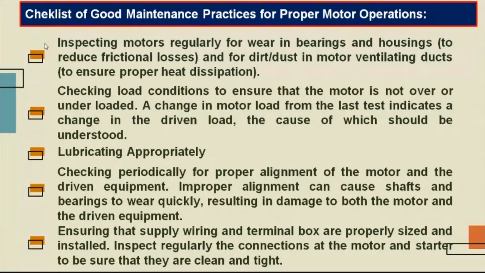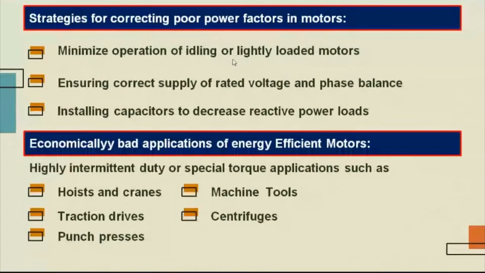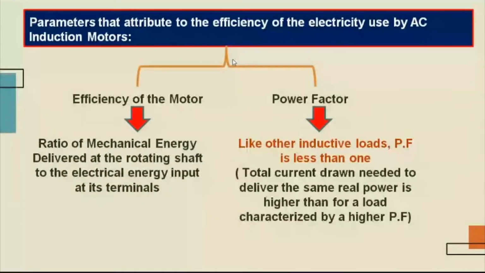As a good maintenance practice, we inspect the motors regularly for wear in bearings and housings to reduce the frictional losses, because in the last lecture we also saw that the efficiency of the motor plays a major role. Efficiency is nothing but the ratio of the mechanical energy delivered at the rotating shaft to the electrical energy input at its terminals.